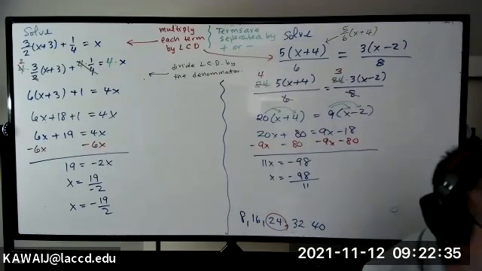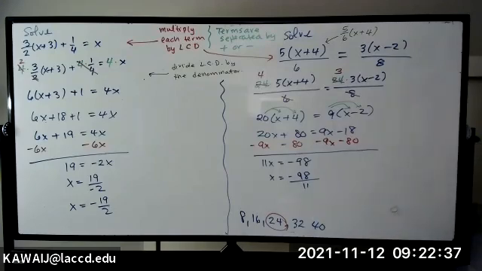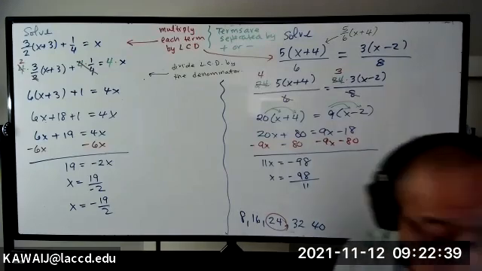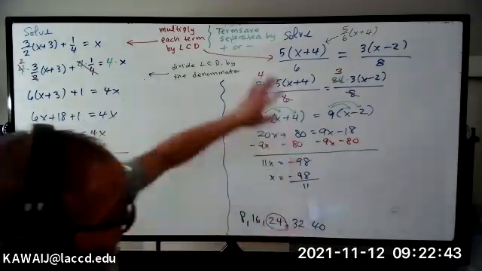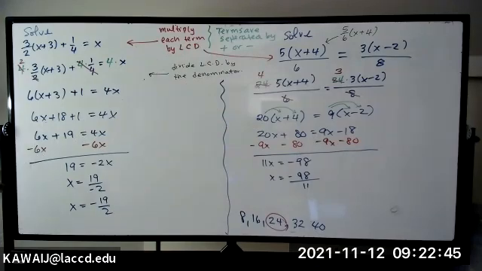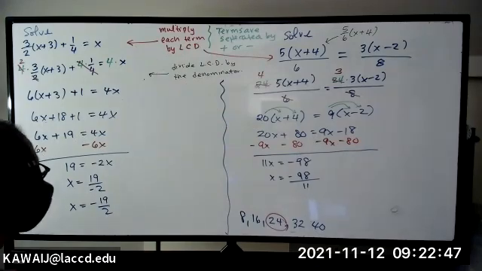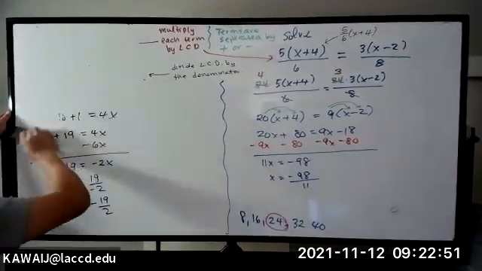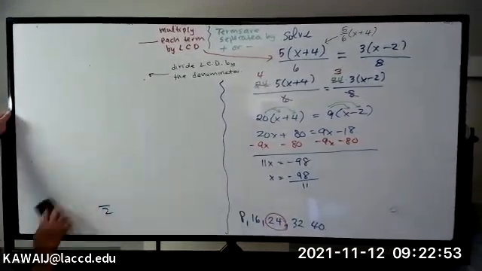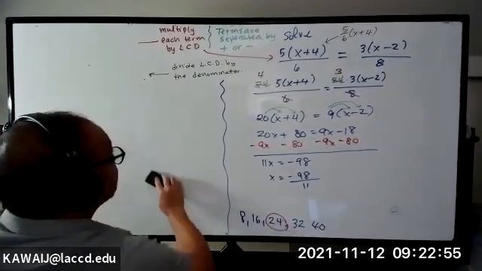Okay. Now, before we go to independent and dependent variables, let's finish off linear equations with working with inequalities, meaning less than and greater than. So let's clear the decks.